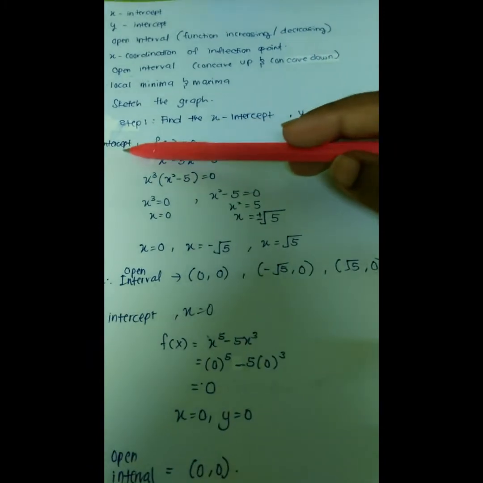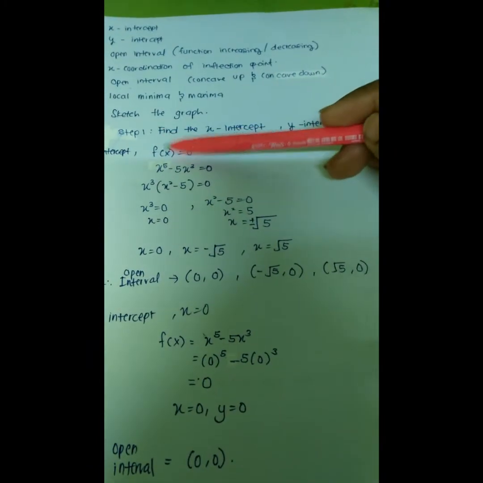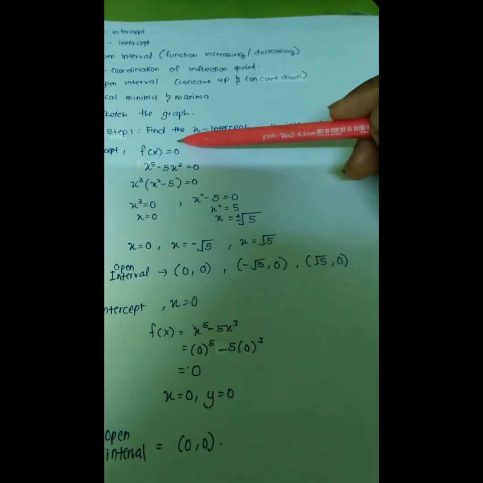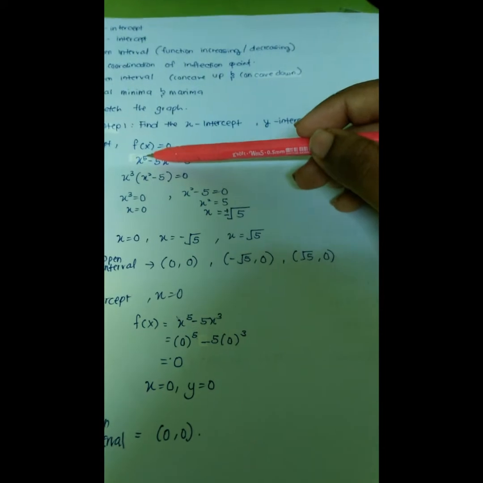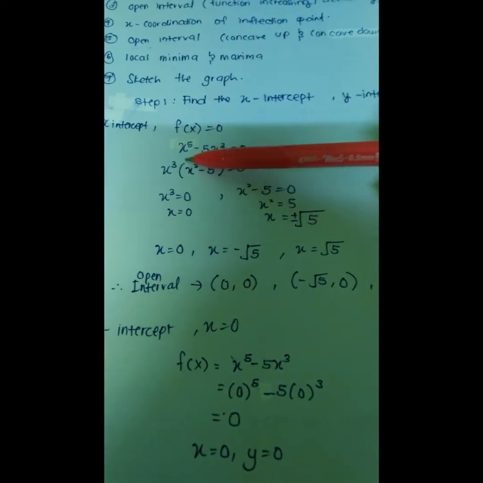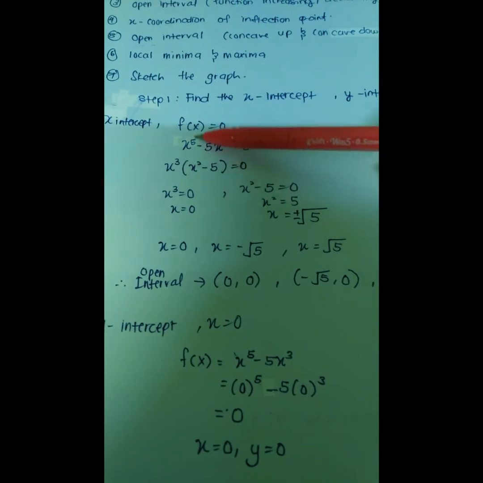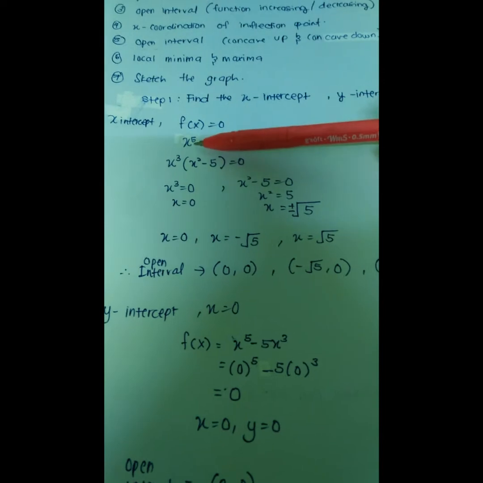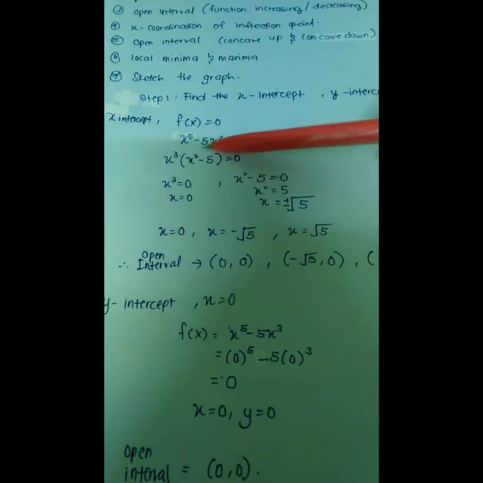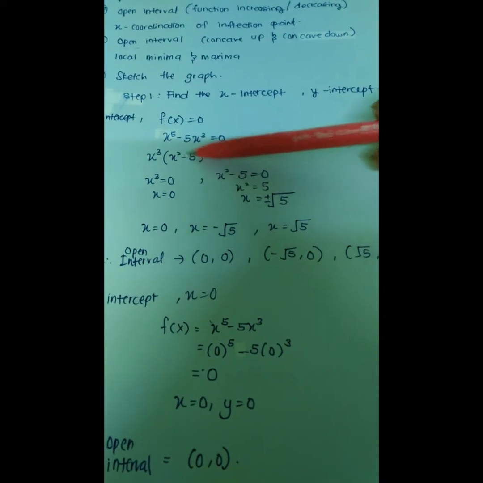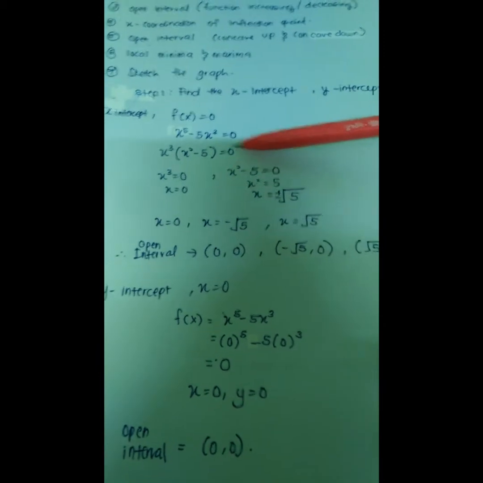Okay, so if you want to find the x-intercept, our y must be 0, meaning our f(x) must be equal to 0. We can see that here we have x power 5, which is the highest power, so we can factorize our function like this: x power 3 and x square minus 5 equals 0.